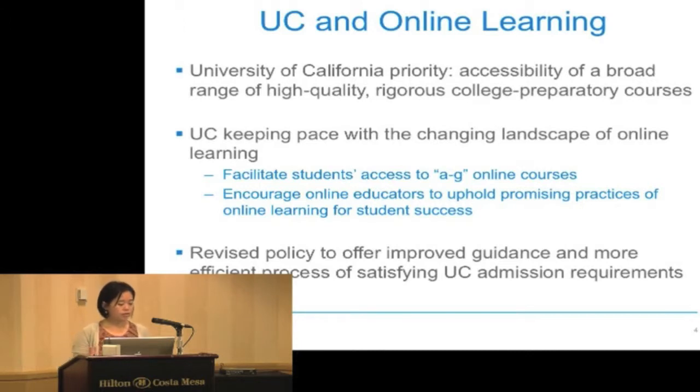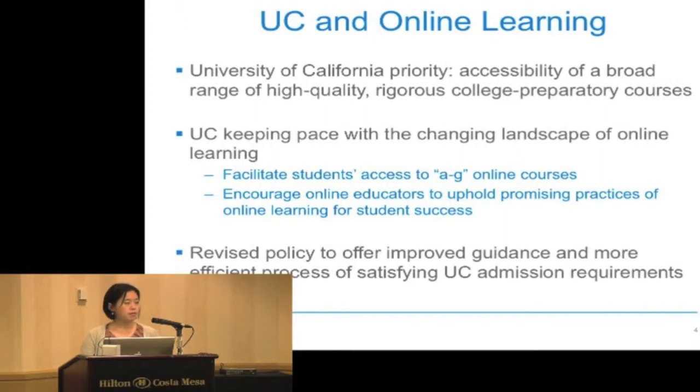As a result, the faculty revisited the online policy and revised it to offer what we think is much improved guidance and a much more efficient process for any educator interested in offering online courses for their students to be able to satisfy university admission requirements.